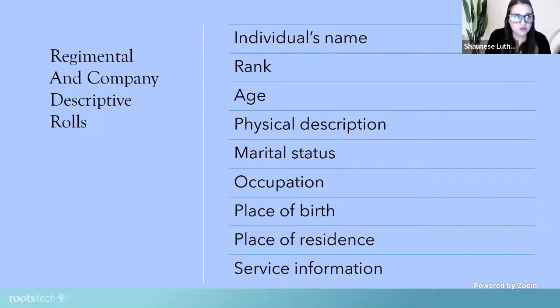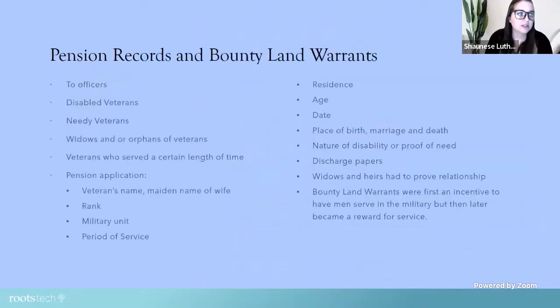After these rolls, we have the pension records and bounty land warrants. The pension records are for officers, disabled veterans, needy veterans, widows and orphans of veterans, and veterans who served a certain length of time. The pension application will have their name and the maiden name of the wife, so that's good.